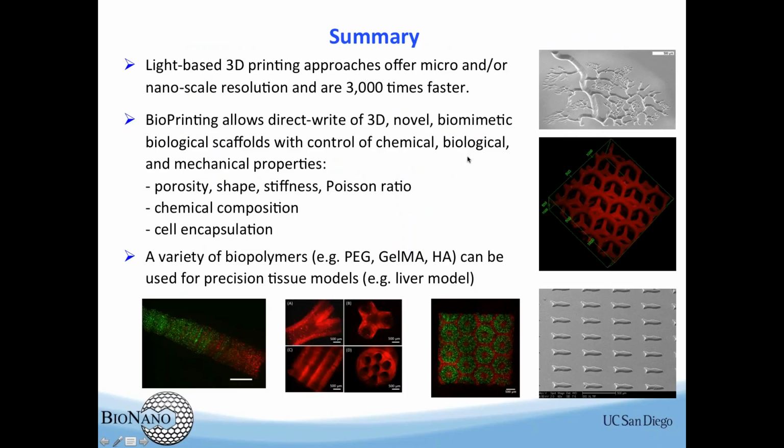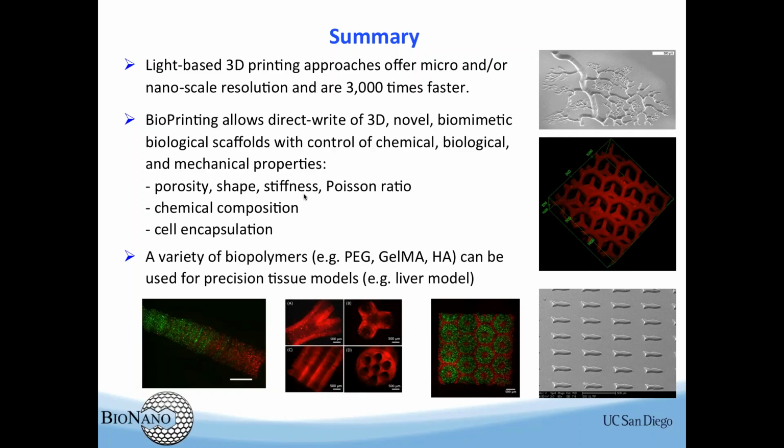So to summarize my talk, I have shown you that this light-based processing can get you better resolution in terms of printing, and more importantly, much faster printing speed. That printing allows you to create functional scaffolds with specific designer shapes, with unique mechanical properties like stiffness and Poisson ratio.